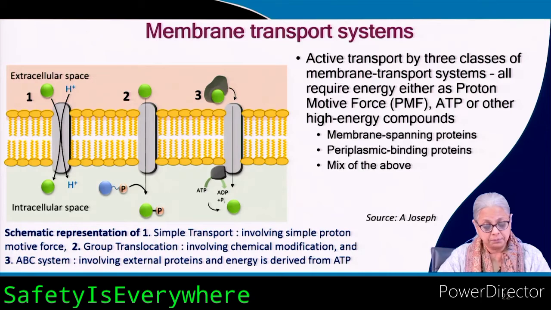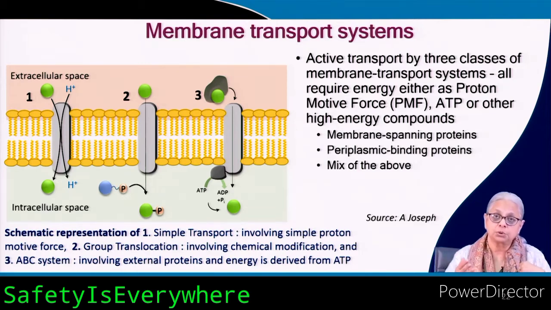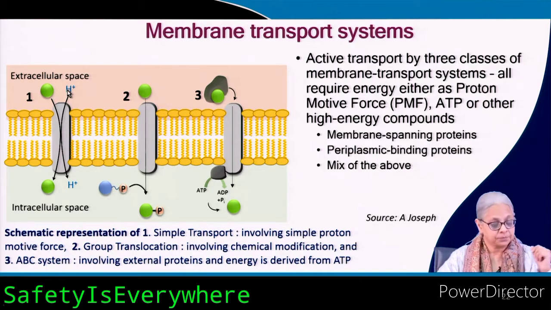So the first one is simple transport, which involves simple proton motive force. So here you have a compound that has to be brought into the cell, and we already have the proton motive force in place. So simple transport is defined here as a proton being brought in along with the substrate.